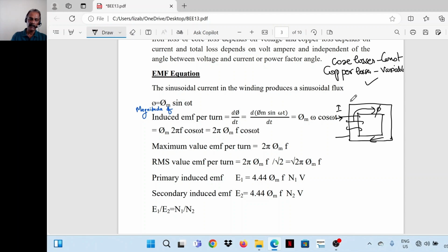Taking I as Im sin omega t, a sinusoidally varying quantity, the applied voltage is sinusoidal, the current through the winding is sinusoidal, so the flux through the core is also sinusoidal. Let the instantaneous value of flux through the core be phi m sin omega t.